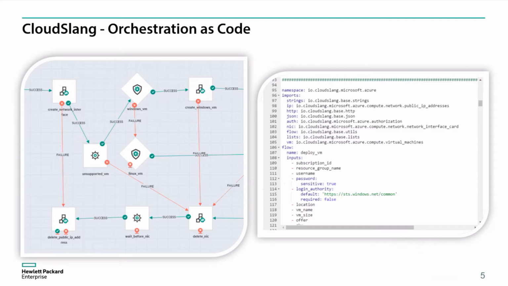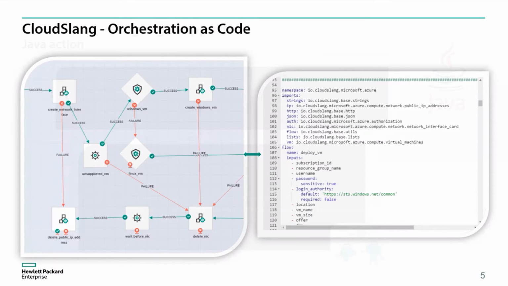So the idea behind it is to be able to write very nice YAML-based code, human-readable code as well, and be able to translate it into the graphical manner that we are all used to, and simply be able to switch from one of the views to another. So it's either you write it as code or write it graphically. You can always relate one to the other. This is what CloudSlang at the root is about.